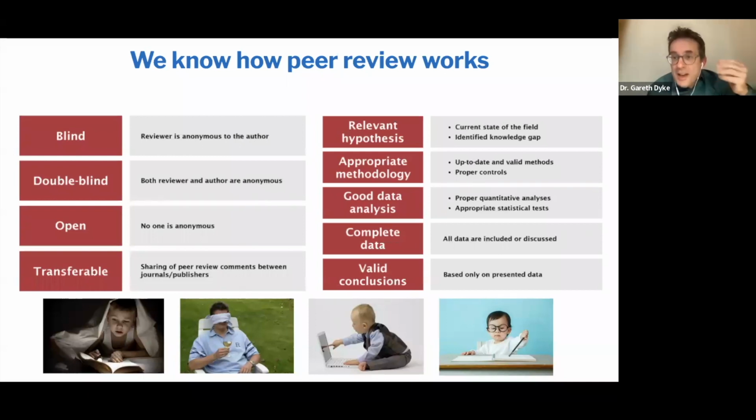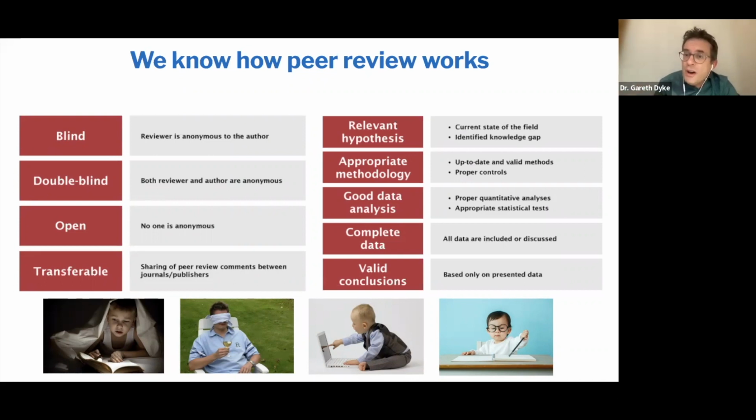So blind, double blind, completely open, completely transparent. Preprint servers, for example, are a good case in point for the use of transparent peer review, and transferable. And peer reviewers are going to be asked to look at your paper from a number of perspectives: the hypothesis, the appropriate methodology, is there good data analysis, is the data complete, and are the conclusions valid?